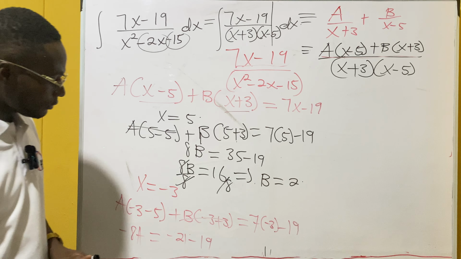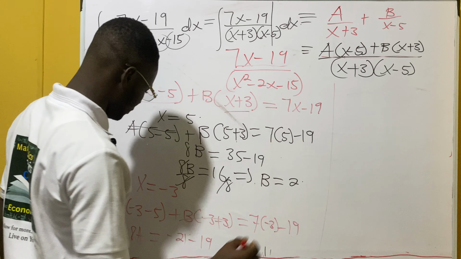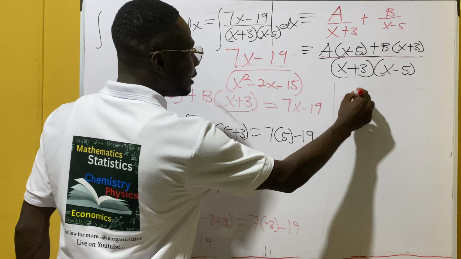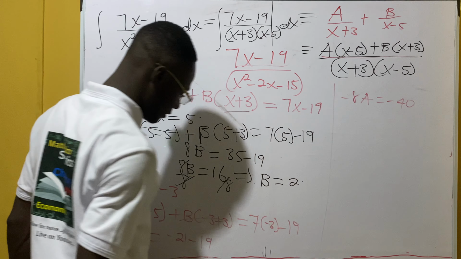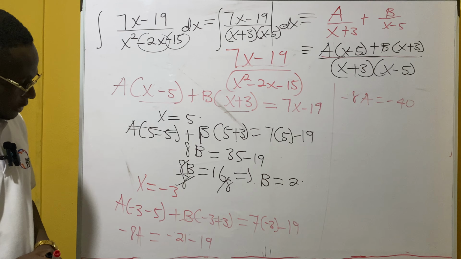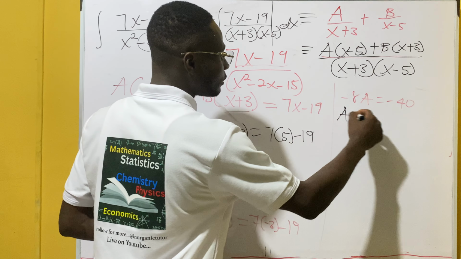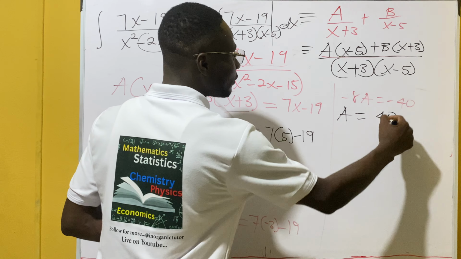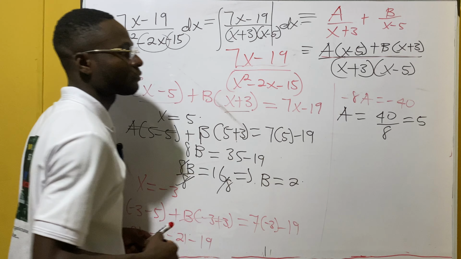So we have -8A should be equal to -40. So of course, we are going to have A equal to 40 over 8, and that is equal to 5.